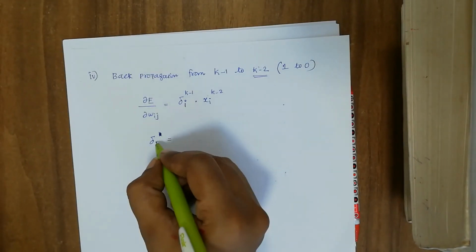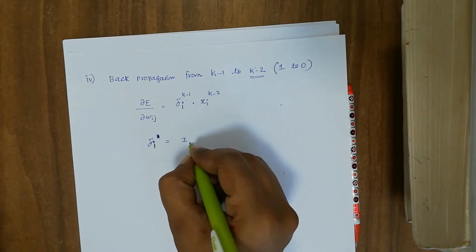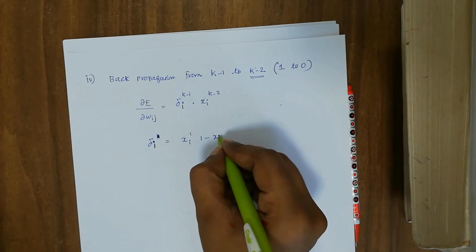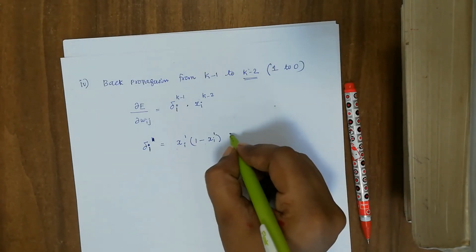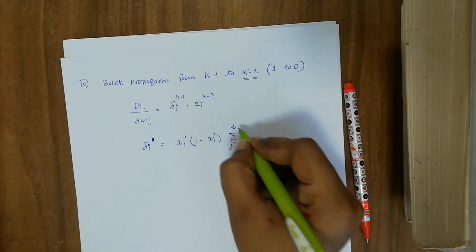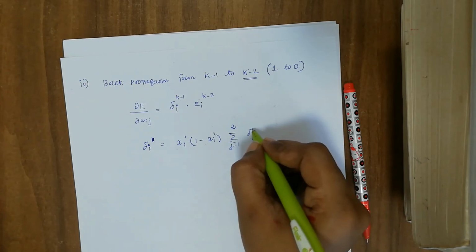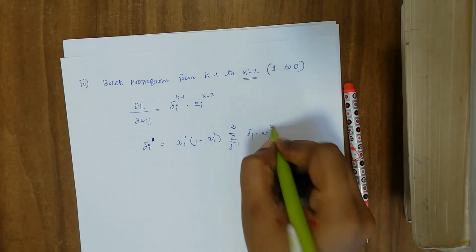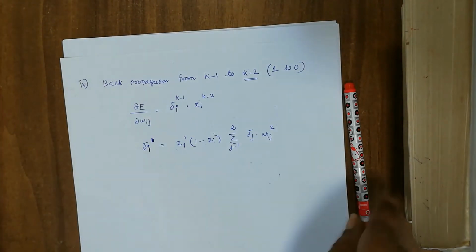But let us write del i in the generalized form as the local derivative xi dash, 1 minus xi 1, the local derivative of the first layer, summation of j equal to 1 to 2, and then del j multiplied by wij 2. So this is the expansion of this.